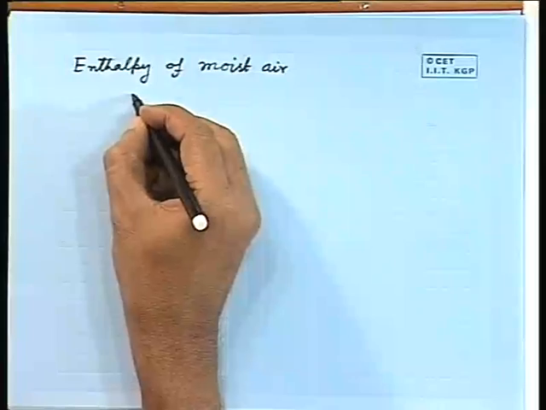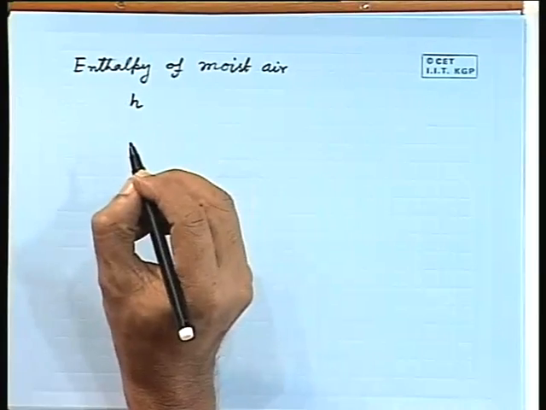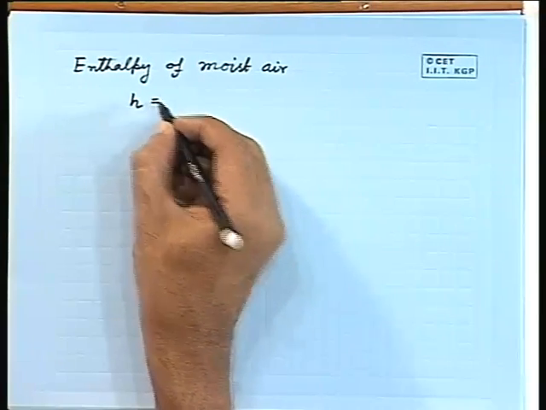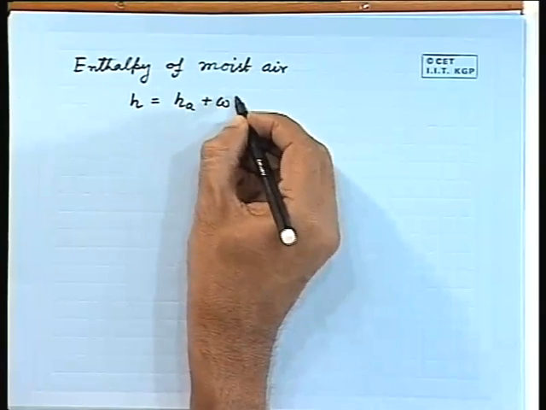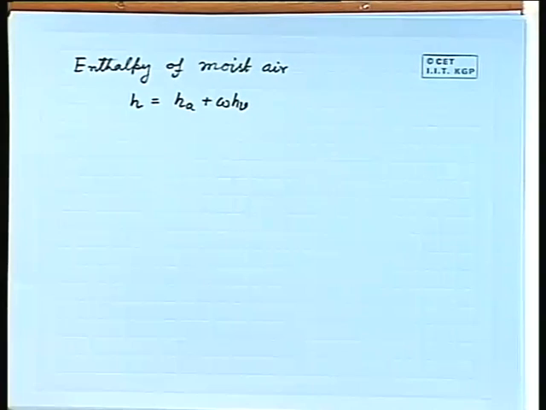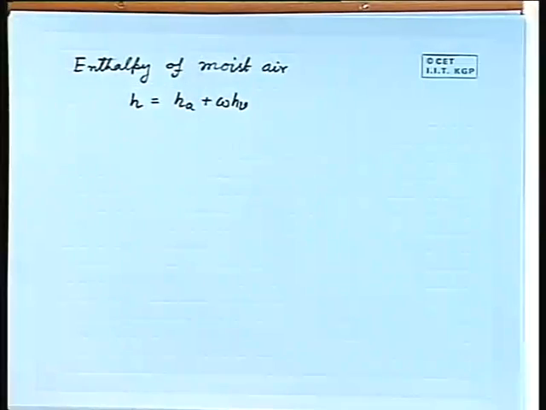So, the enthalpy of moist air will be the summation of the enthalpy of dry air and the enthalpy of water vapor. So, if we indicate h as the enthalpy of moist air, this will be given by h is equal to h_a plus W h_v, because with 1 kg of dry air there is W kg of moisture. So, this is the formula.